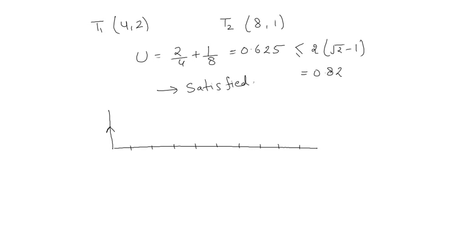So the period is 4, so this is 1 2 3 and 4, so again T1 will come here, and it has 2 time units, so here it will execute. Then this is free, so T2 can be executed, and the execution time is 1. So here T2 is executed, then I still have some idle time, where the processor is doing nothing. Then again T1 will come and execute for 2 time units.